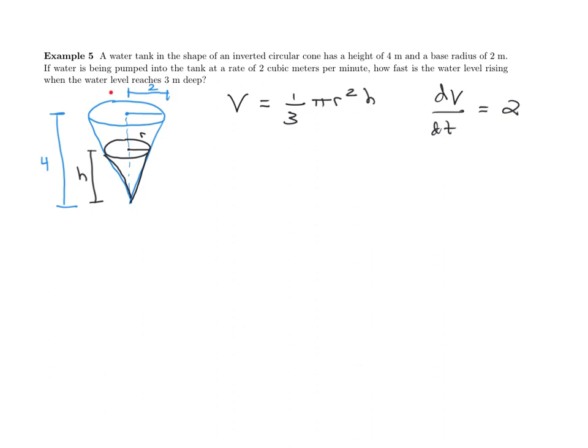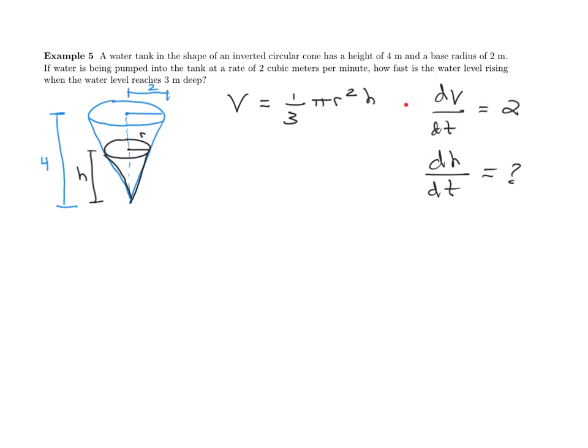Because that's how fast the water is being poured into the tank, that's how fast the volume of water is increasing over time. And the thing that we're trying to solve for is, well, how fast is the height of this amount of water increasing? That's referring to the variable h. So we want to solve for dh/dt.